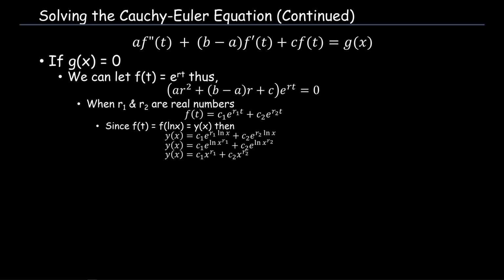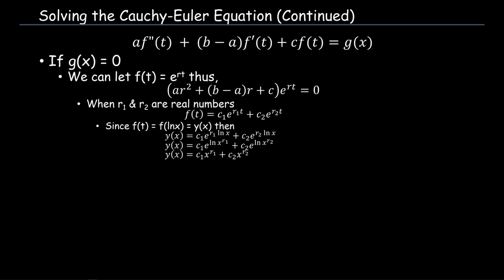So we're going to use those two properties, thus giving us c1 times e raised to the natural log of x raised to the r1, plus c2 times e raised to the natural log of x raised to the r2. And then we're going to use the property of e to the natural log of x is equal to x, thus canceling out the e and the natural log of x, giving us c1 times x to the r1 plus c2 times x to the r2. And that will be our solution to the original ODE.